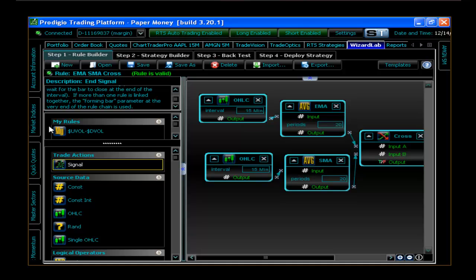You're wiring them together, creating this kind of schematic, which is a rule, and that rule gets published into the engine that runs on the server, minimizing latencies and producing signals as fast as possible.